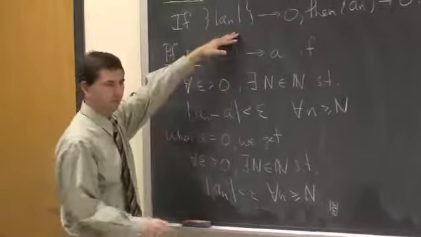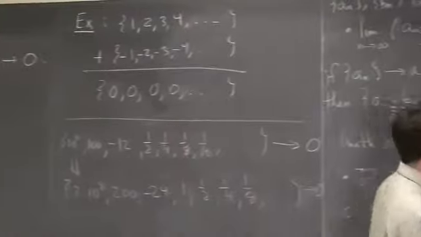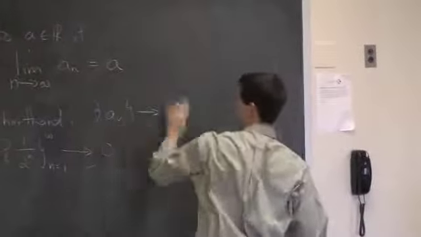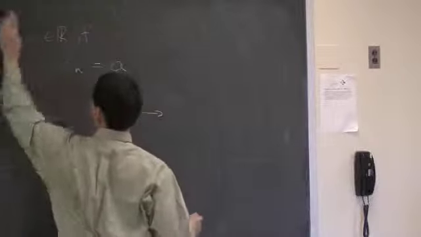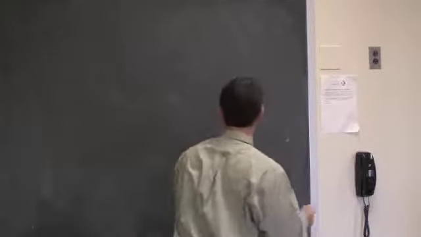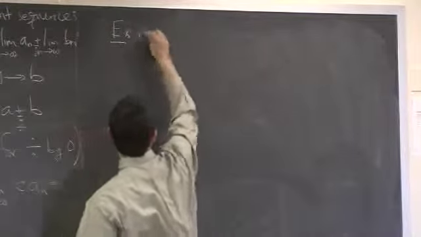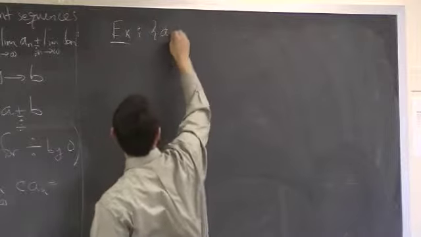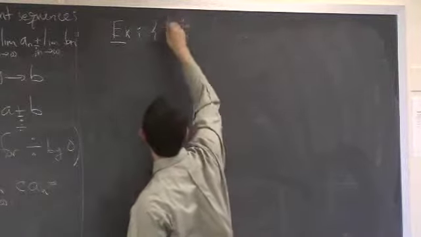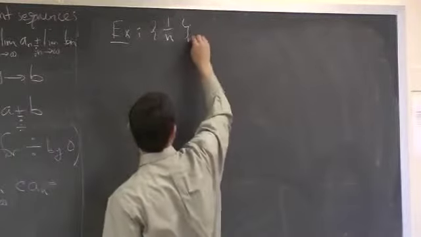So this is going to be useful. For instance, let's just write down a simple example. Let's define a sequence, and it's just going to be 1 over n, right? n goes from 1 to infinity.